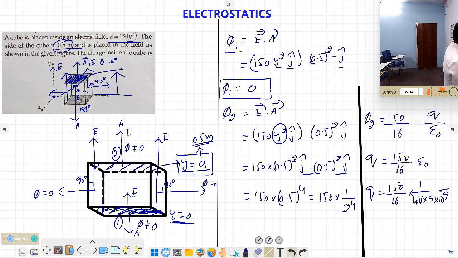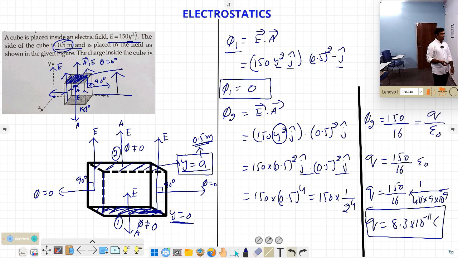After calculation, the value I am writing directly here is 8.3 into 10 power minus 11 coulombs. So this is the charge enclosed in the cube. This is the way you need to understand this type of model question.